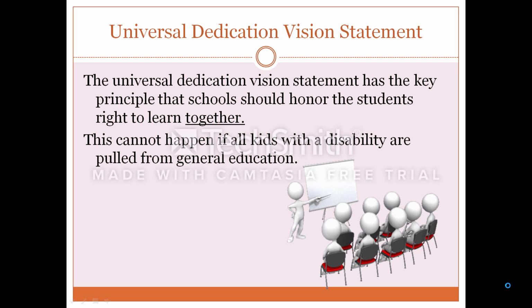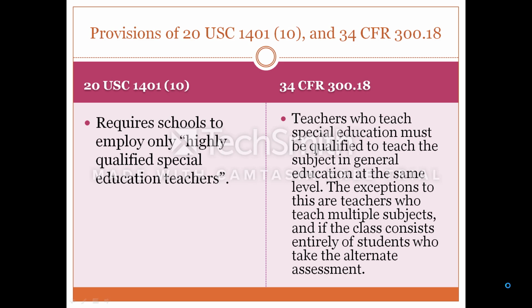The Universal Design Provision statement has the key principle that schools should honor the student's right to learn together. This cannot happen if all kids with a disability are pulled from general education. Provisions of 20 U.S.C. 1401-10 and 34 CFR 308.